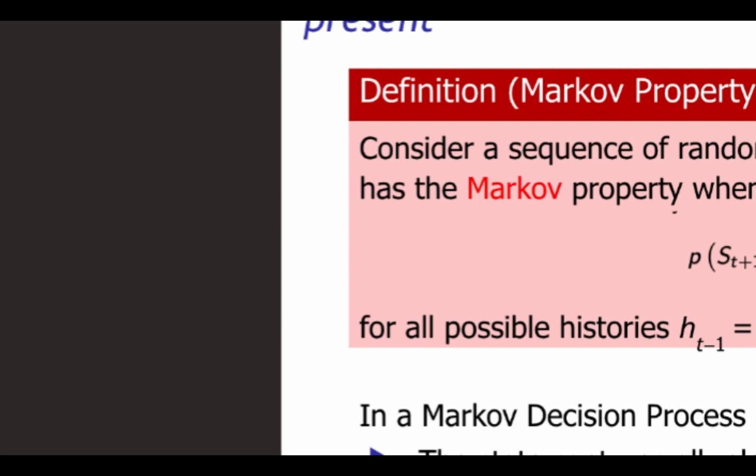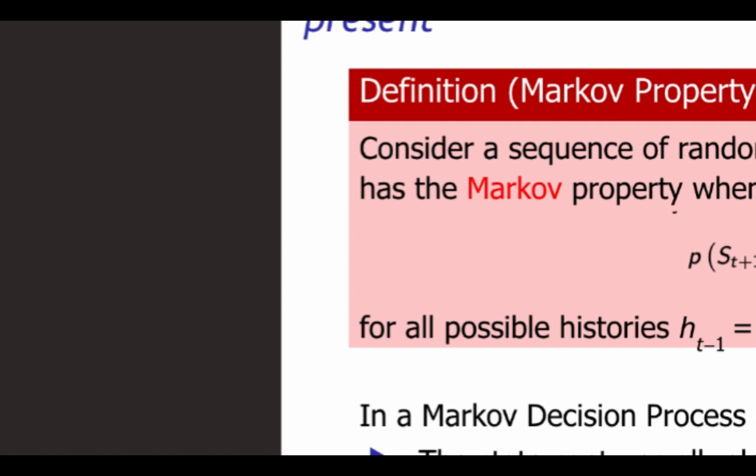Some transition function or prediction function P provides us with the probability of transitioning to the next state S prime given the current state, and this probability should be the same as the probability of getting the same next state given the total history or view of the environment.